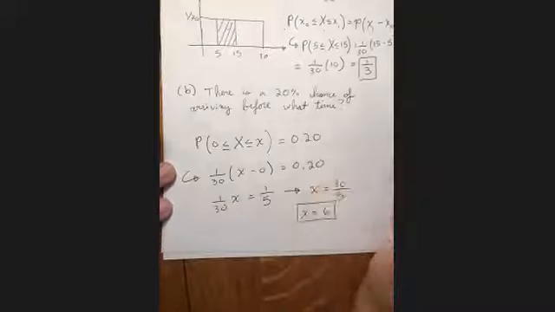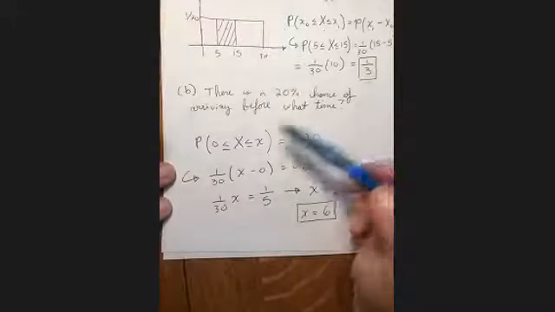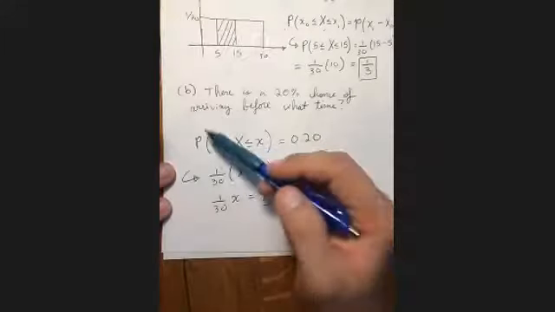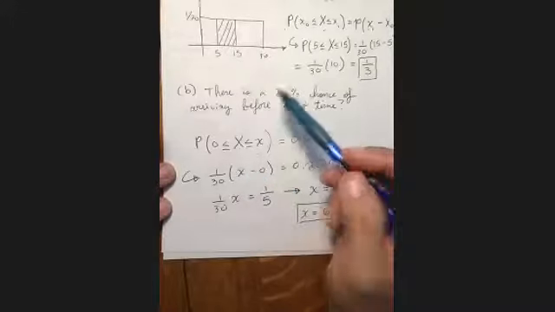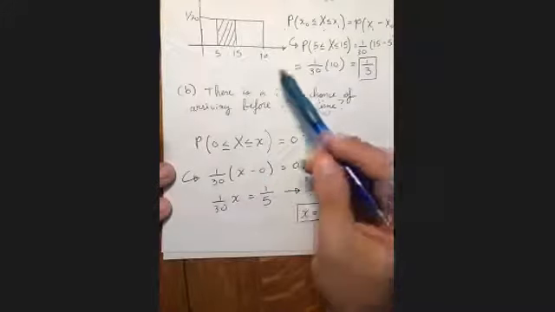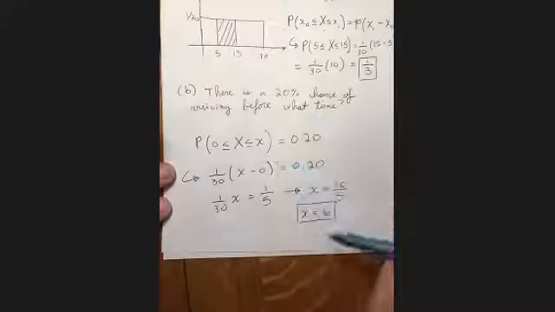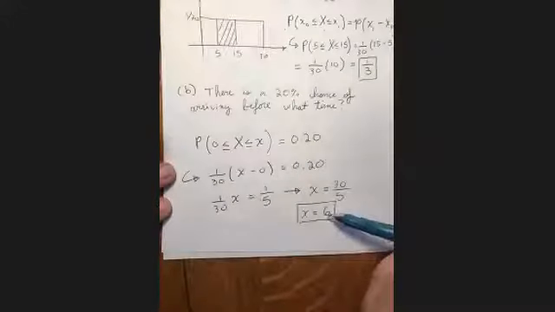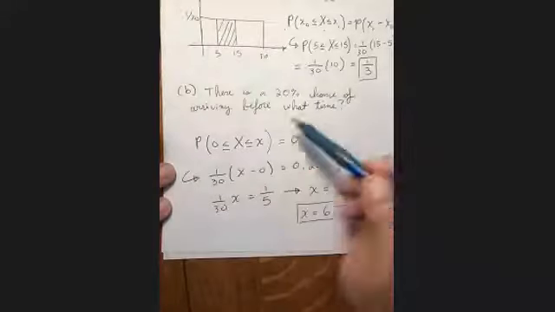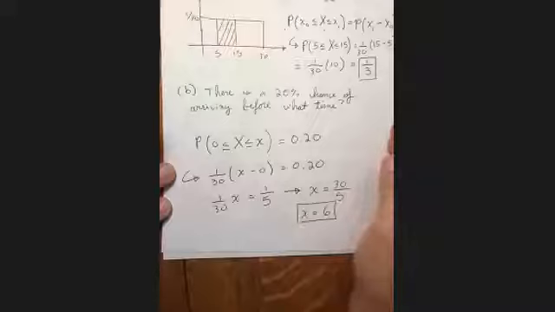What this answer means is that there's a 20% chance that an individual will arrive by 6 minutes after noon. So this is still using area essentially to solve for probability for a uniform distribution.